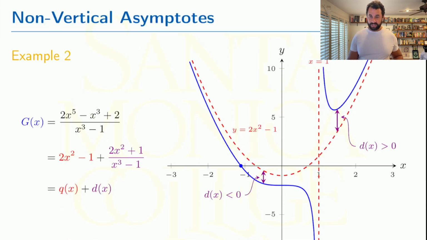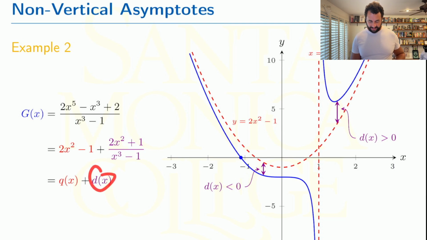Now here's the really cool part: d of x, this thing right here, completely determines the graph of the rational function. If this thing is negative, then our graph will be below it. And if this thing is positive, then our graph will be above it. So here, you can see the graph is below the asymptote on this whole part of it, right?